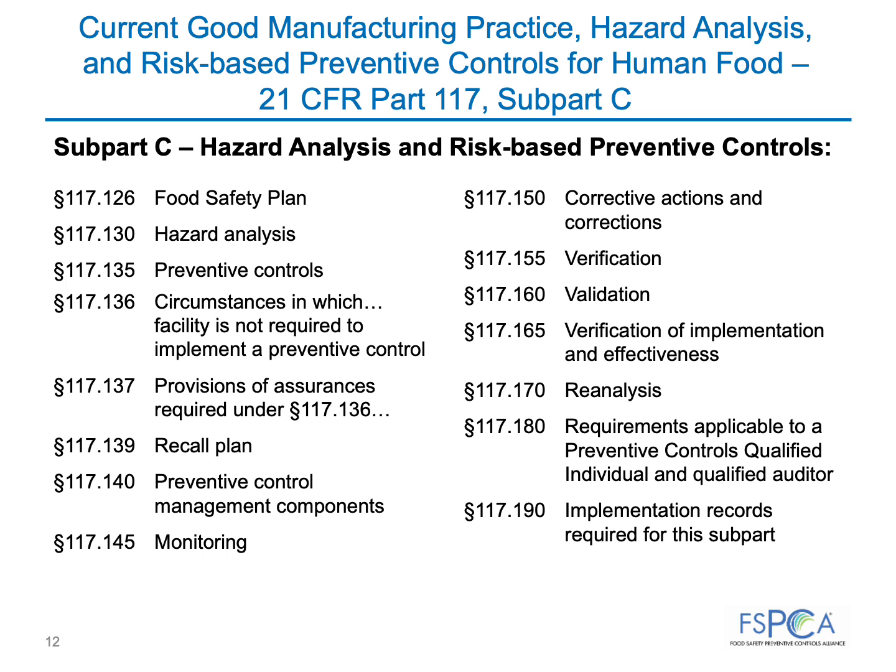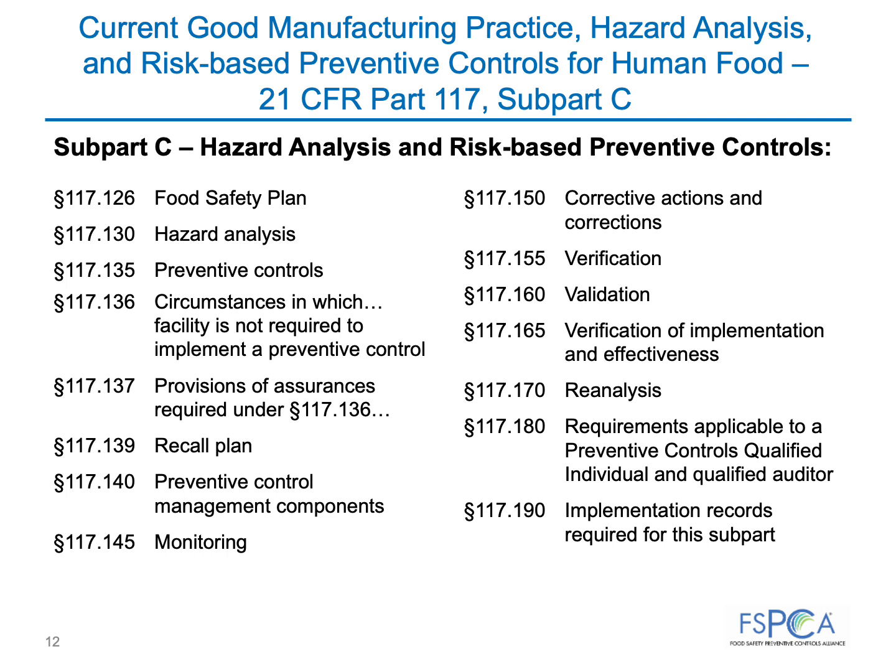Written process preventive procedures must include validation, written supply chain program, written recall plan, monitoring, corrective actions, and verification, as applicable, and must be documented in records.